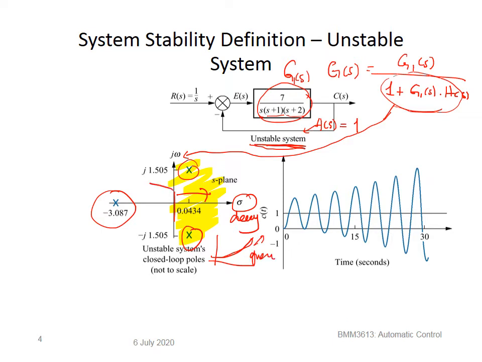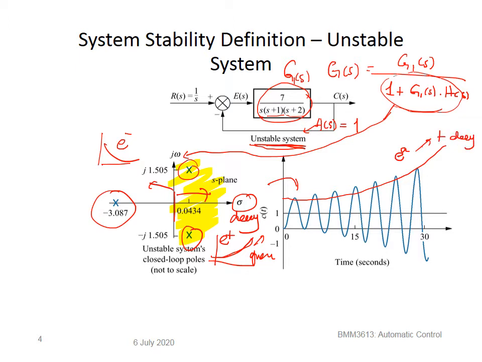Whereas for the left hand side, the exponential part, or the decay, is negative. It's exponential negative something there, and exponential positive something here. That's why if we plot the time response, we can see the signal keep on growing. This is a positive decay.